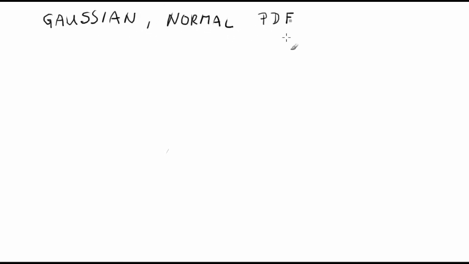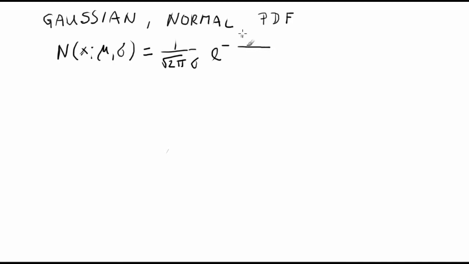Let's have a look at the most important properties of the most common probability density functions. We must definitely start with the normal distribution. In one dimension, it has two parameters and is denoted as N of x semicolon mu, sigma, equals 1 over square root of 2 pi sigma times exponential of minus (x minus mu) squared over 2 sigma squared.